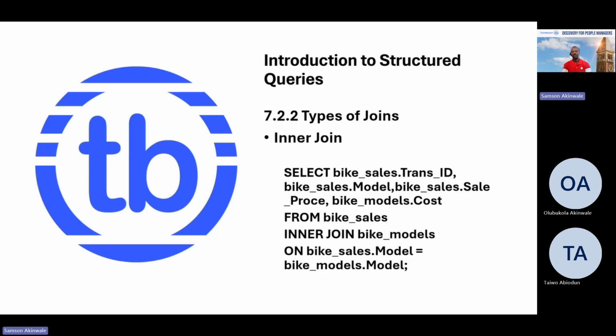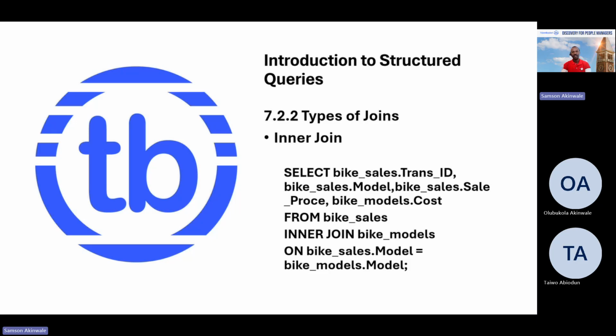And the second table is the table called bike_models, which simply is talking about the different models that the bikes we are discussing are made from. So one table is telling us how much sales have been made on those bikes.